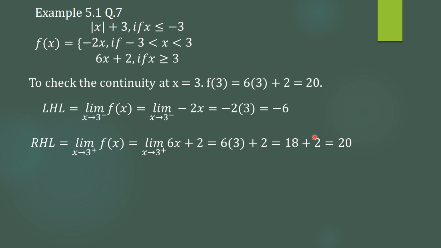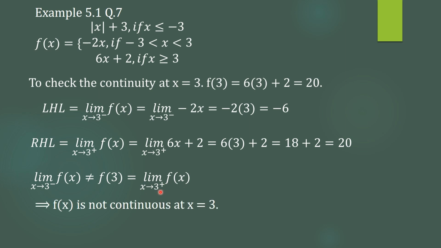Now here what we get? The left hand limit was minus 6, the value was 20, and the right hand limit is 20. So the left hand limit is not equal to f of 3, which was equal to the right hand limit, and so f of x is not continuous at x equal to 3.